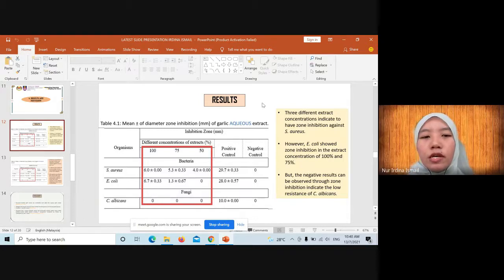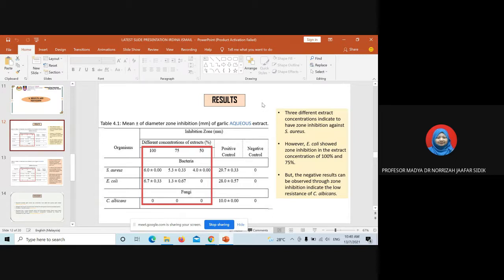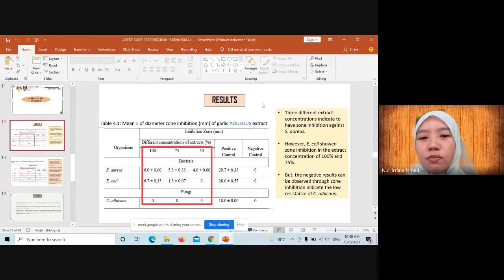Based on the results that I obtained, the difference between the positive control and the concentrations of extract was a lot. Which is better, the positive control or your results? I could say that the positive control is much better than the different concentrations of extract.